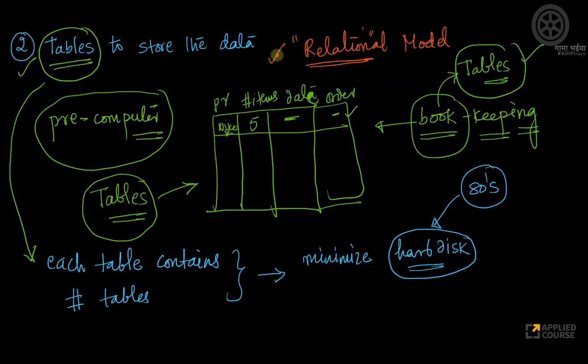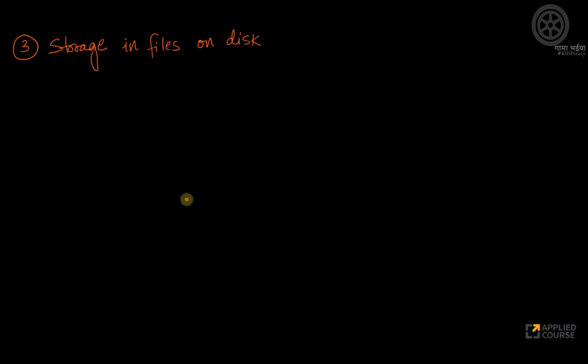A lot of mathematical machinery designed on set theory and relations was used in databases. We'll see how a table is a relation. Mathematicians and computer scientists started building a model on how to design tables optimally. Very interesting concept. So this is the second aspect.